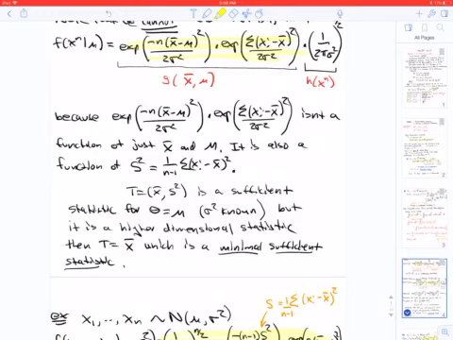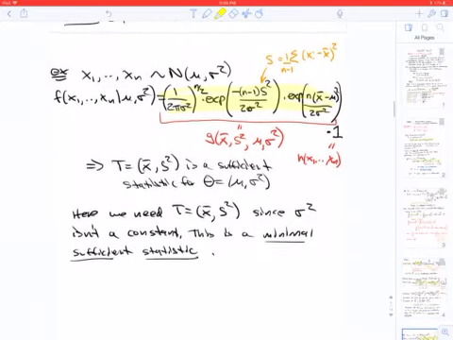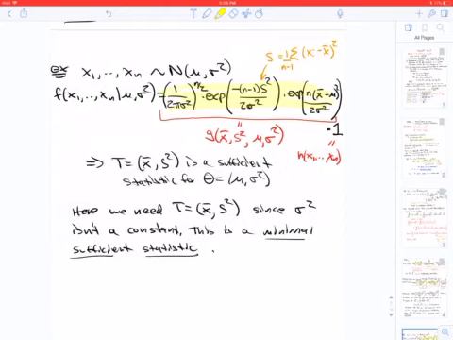So x bar is a minimal sufficient statistic, in fact. If we allow sigma squared to be unknown, then actually we need the s squared. So in that case, x bar and s squared is a sufficient statistic, and it turns out to be a minimal sufficient statistic.